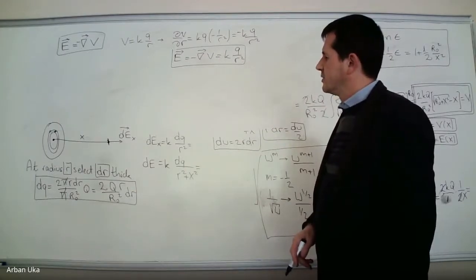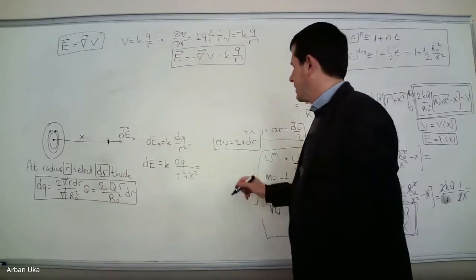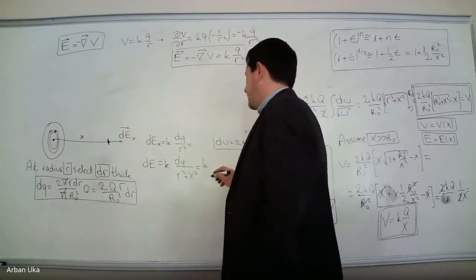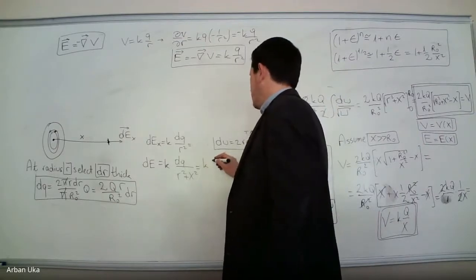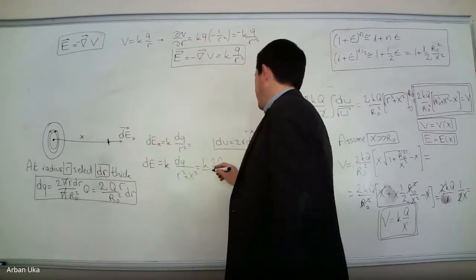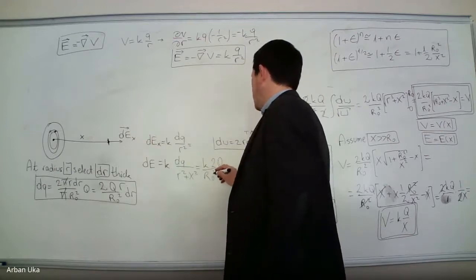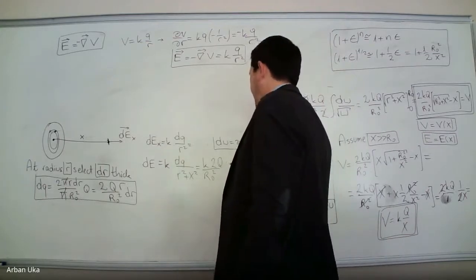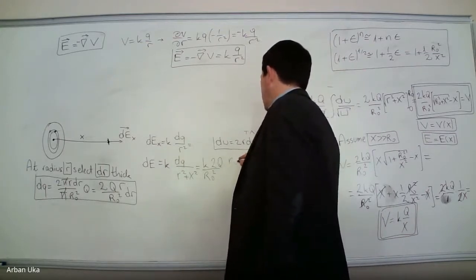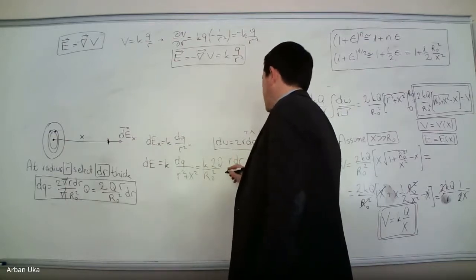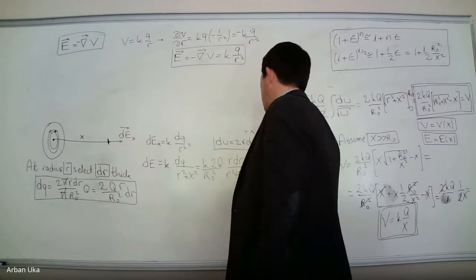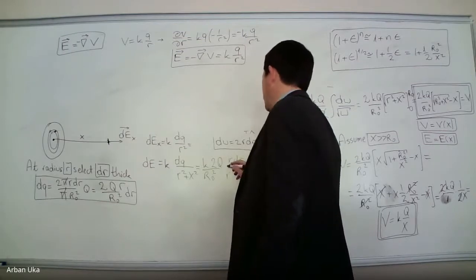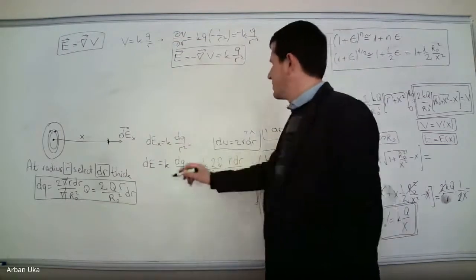This will be equal to k times 2q over r0 squared, over r squared plus x squared. Okay, so this is the dE.